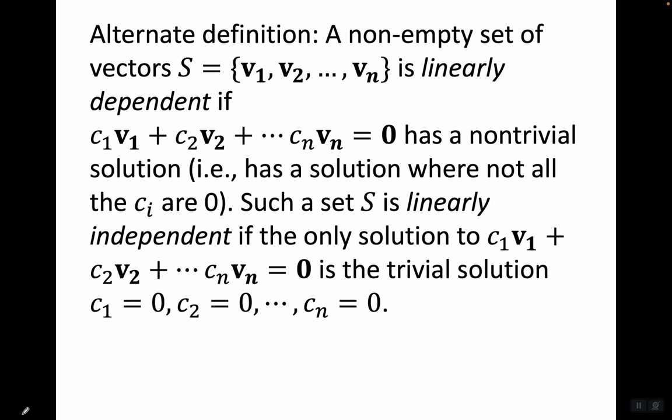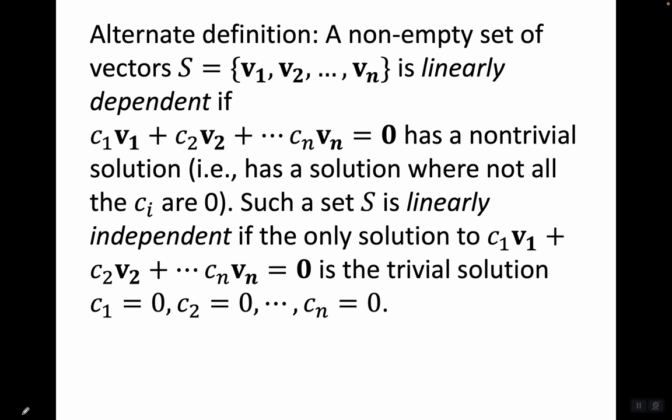A non-empty set of vectors S equals v1, v2, ..., v sub n is linearly dependent if c1 v1 plus c2 v2 plus ... plus c sub n v sub n equals 0 has a non-trivial solution. In other words, it has a solution where not all the c sub i are 0.